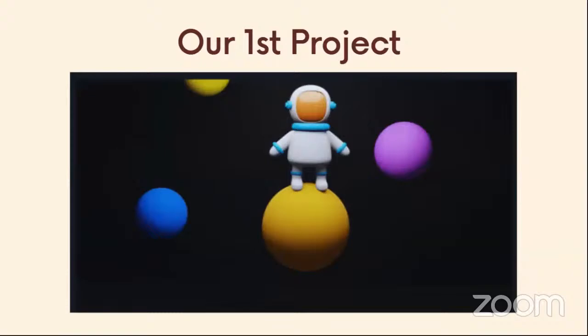But before going to the hands-on project, there are a few properties which will be used. Let me brief you about them now, so that when we use these terms, you don't feel new to the words we are using. First of all, we'll be using various types of modifiers, and I've already told you in the last class that modifiers are automatic operations that affect an object's geometry in a non-destructive way.